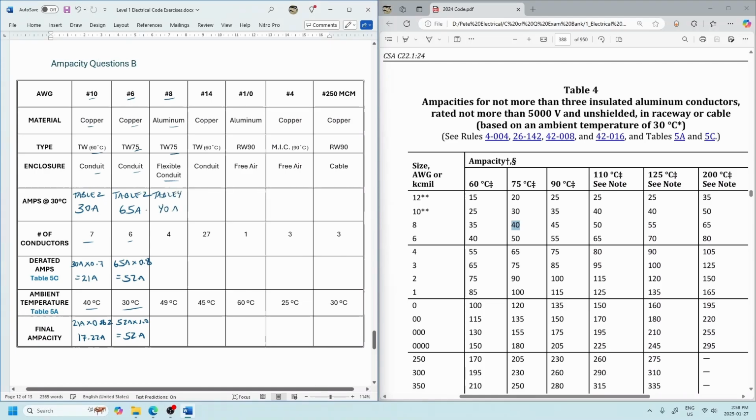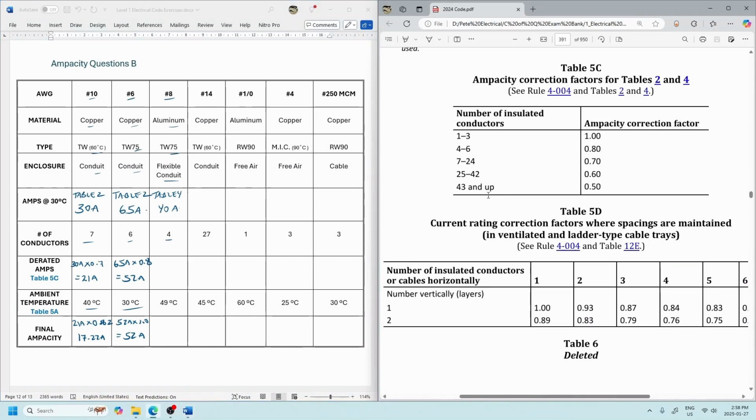We got 40 amps. Beauty. And let's see, we got 4 conductors in the pipe there, so we got to go to 5C. There are 4, so that's 80% as our multiplier. So we'll take our 40 amps, multiply that by 0.8, and that gives us 32 amps.